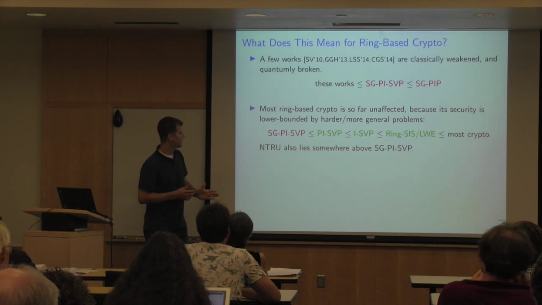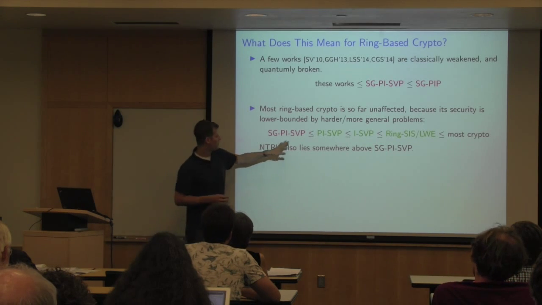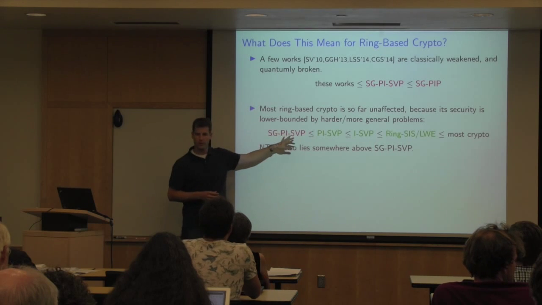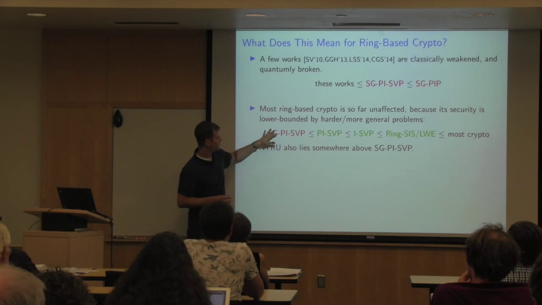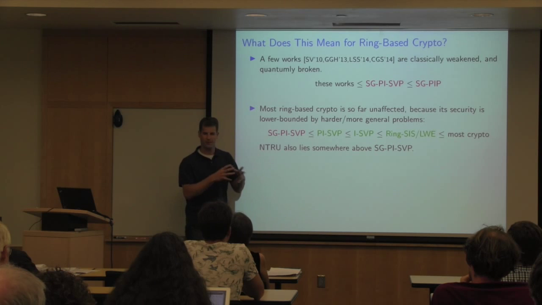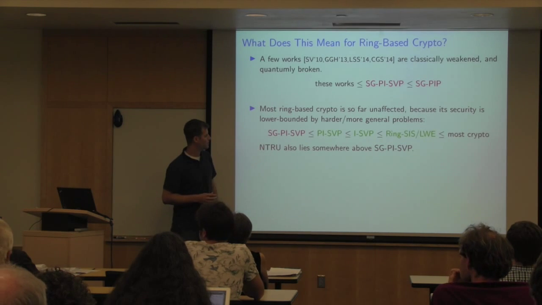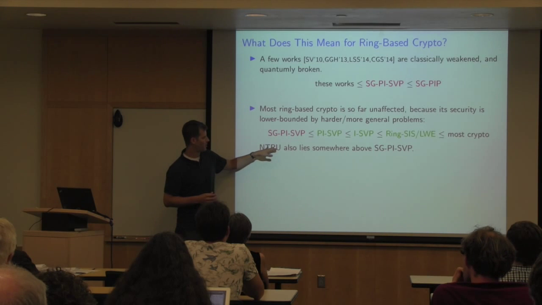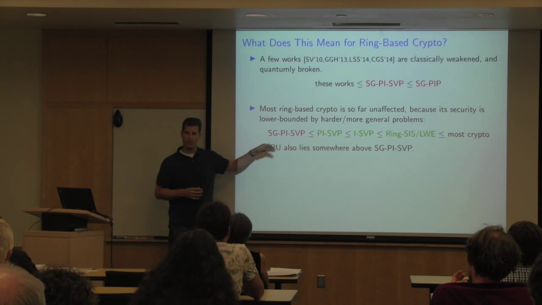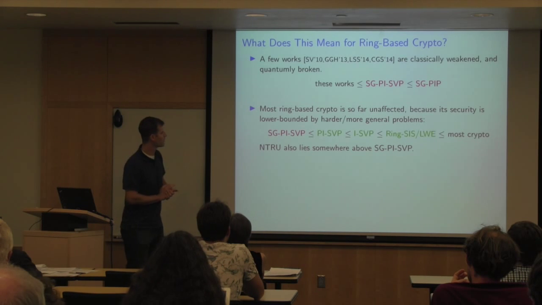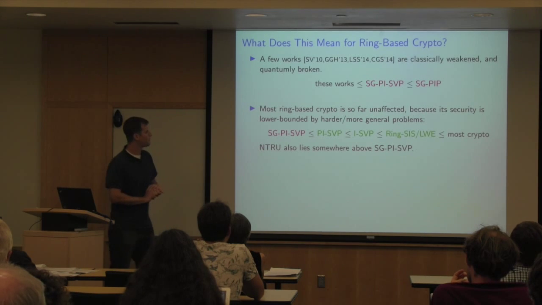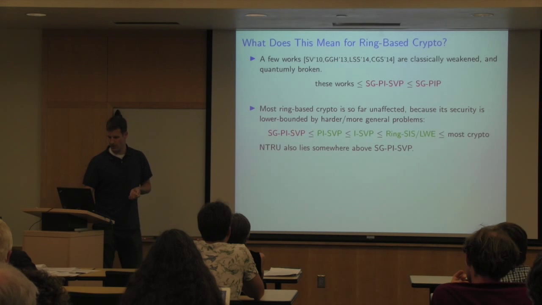And likewise, NTRU, which we'll talk about a little bit later, also lies somewhere above this danger zone here. Although I couldn't quite find a formal reduction that I could state definitively, so far we don't know how to break NTRU by breaking this problem. Okay, so that's good news for crypto security.